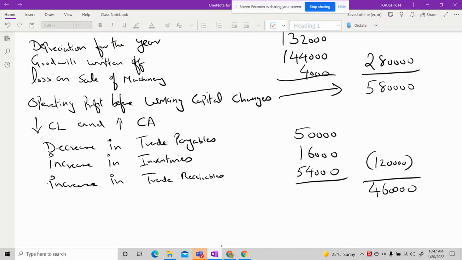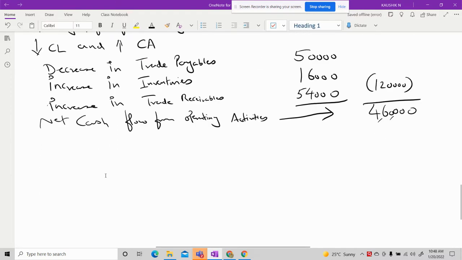This I am going to declare as my net cash flow from operating activities. So that is A. A category is done. Now I have B and C to be completed.